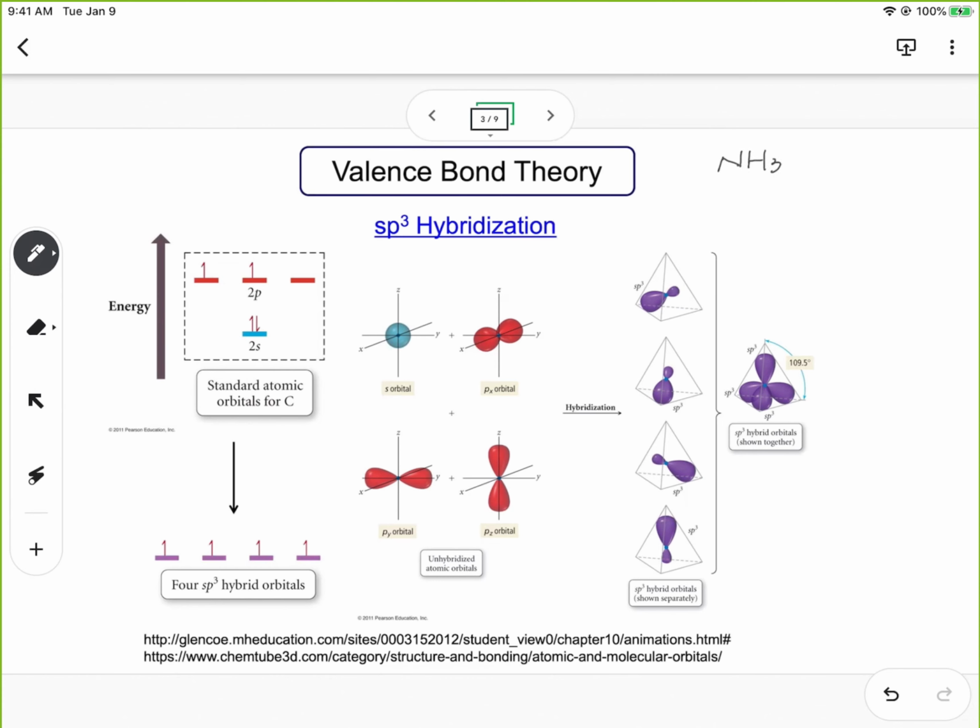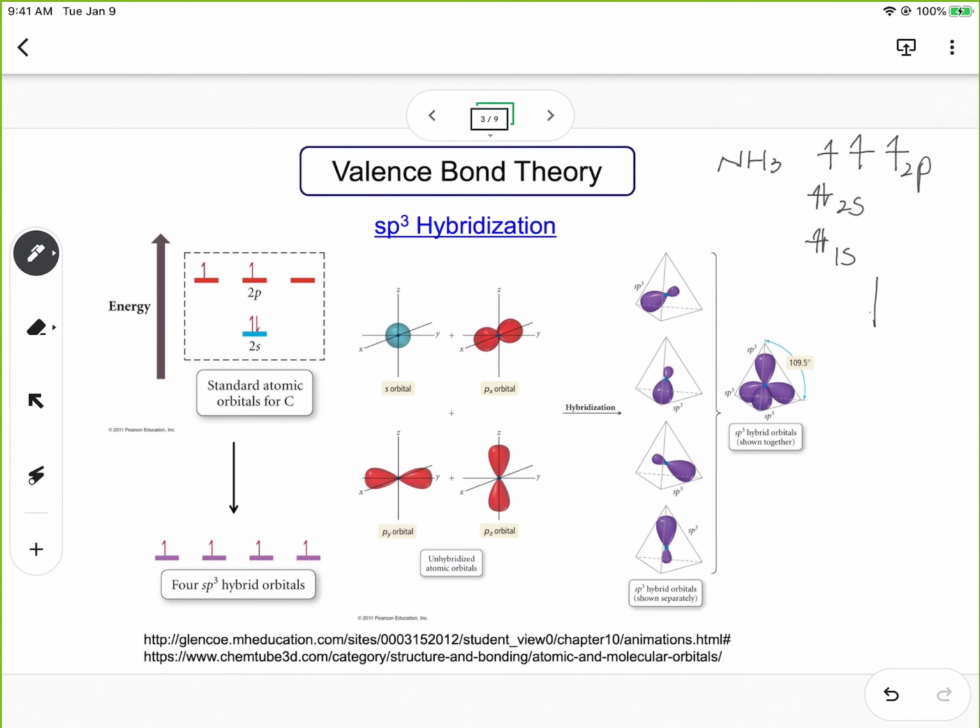If you are talking about nitrogen, the electronic configuration would be 1s2, 2s2, and 2p3. Now when this central nitrogen interacts with three hydrogens, again, these four orbitals from 2s and 2p will hybridize to form hybrid orbitals.